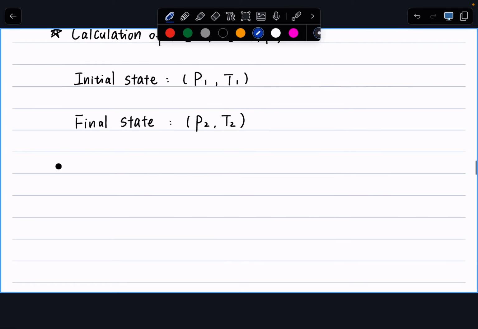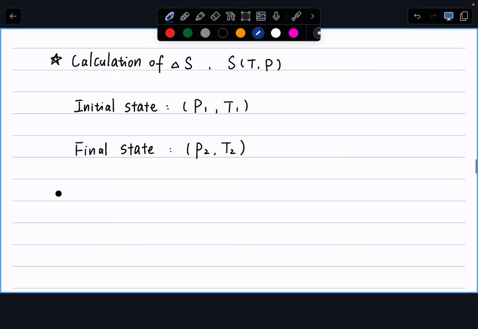So what do we know about my dS? When we write out dS, I'm just writing out the total differential. That becomes the partial derivative of S over P at constant T, dP, plus the partial derivative of S over T at constant P, dT.